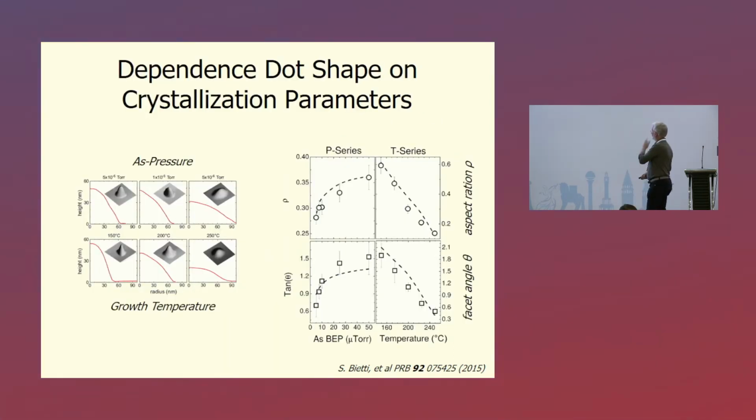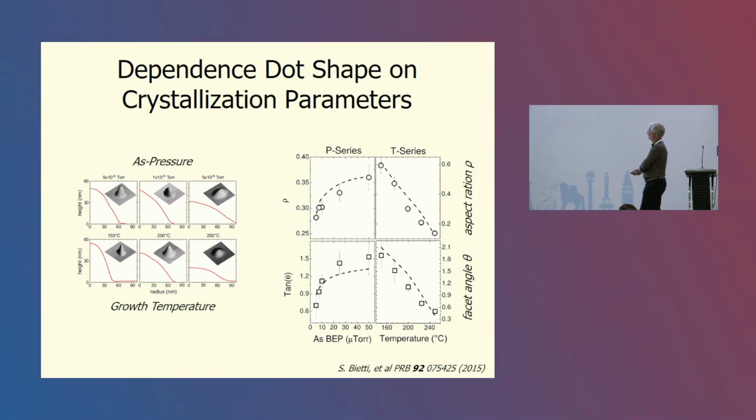And this is work that we did together with the colleagues in Milano. I already showed you this image there. We see that the quantum dot height and the profile actually is strongly dependent on the arsenic pressure during crystallization, or on the growth temperature during crystallization. And I can characterize these profiles with the facet angle, that's the angle of this facet that we see over here.